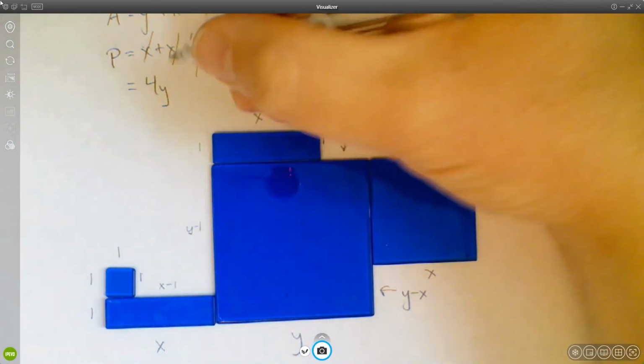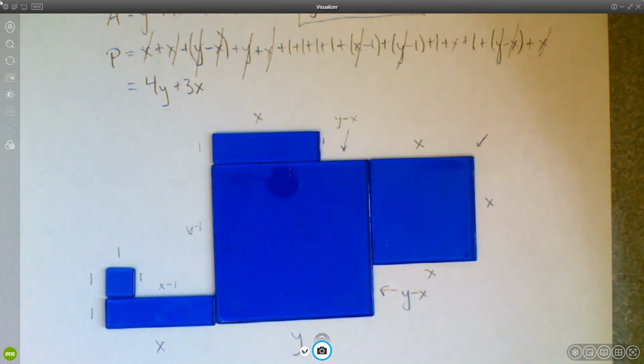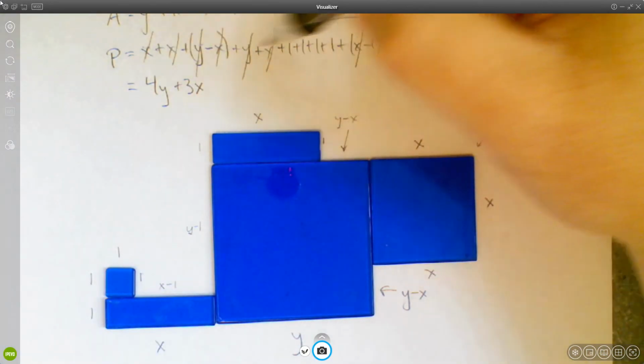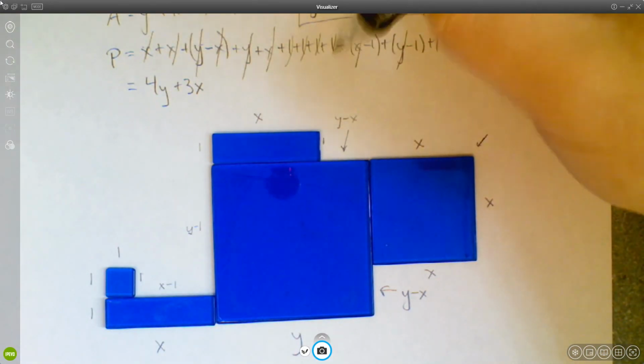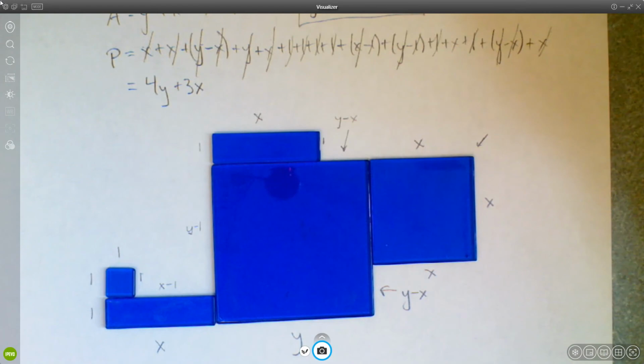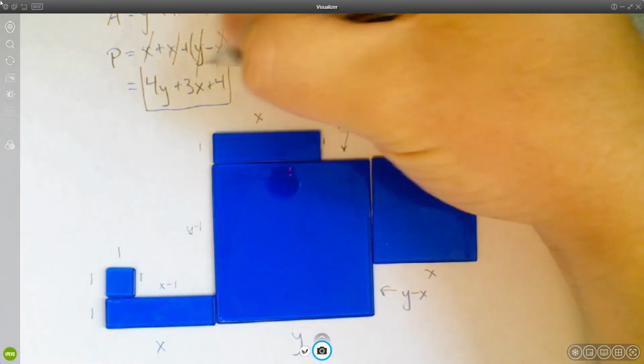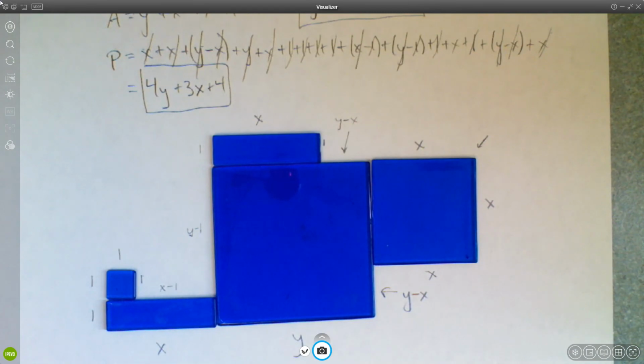So I think I've got 3 x's in total. And now for my units, I've got 1, 2, 3, 4, 3, 2, 3, 4. So plus 4.